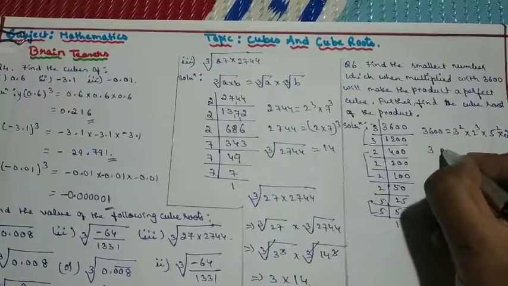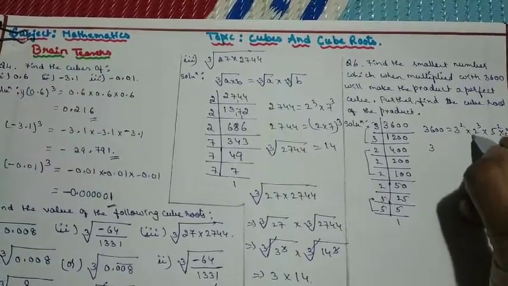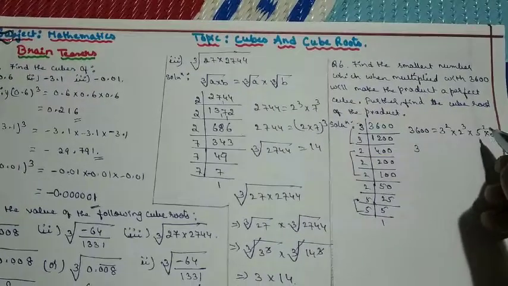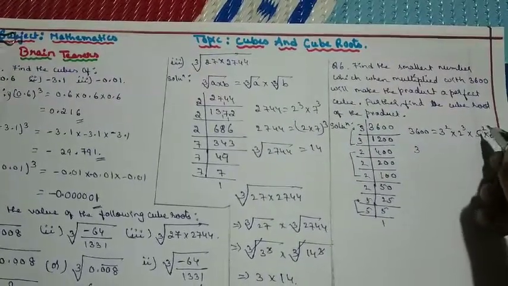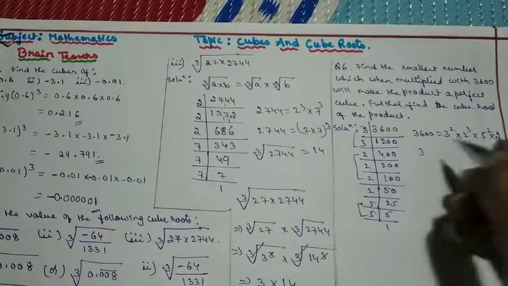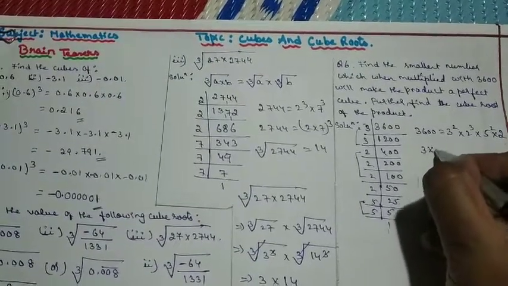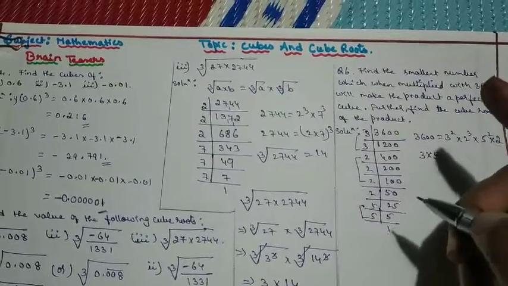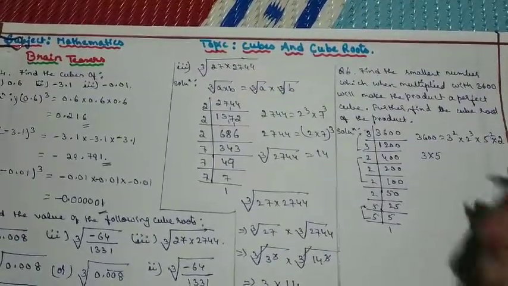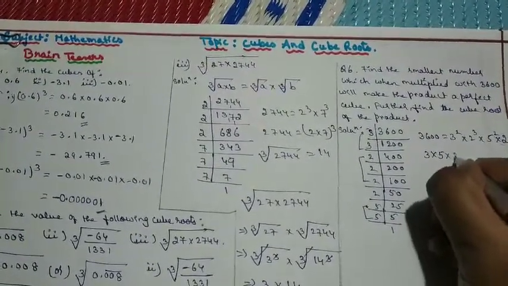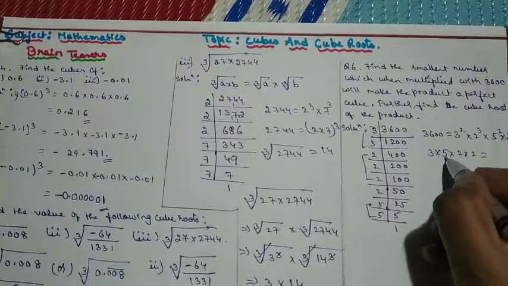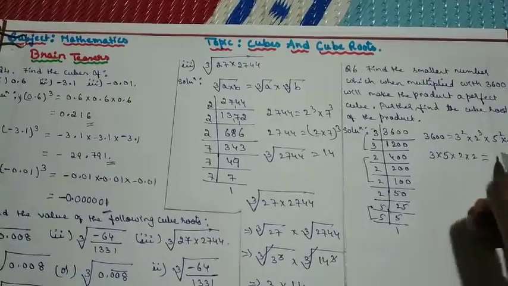Here 2 is repeating 3 times, so it is under perfect cube. Whereas 5 is repeating 2 times, that is 5 square. We require one more 5, so into 5. And here 2 is repeating only 1 time, which means I require 2 more times, so I'll write 2 into 2. What is that answer? 5 3s are 15, 15 2s are 30, 30 2s are 60.